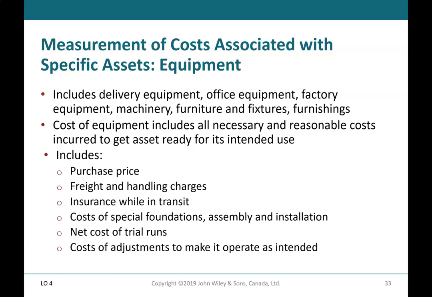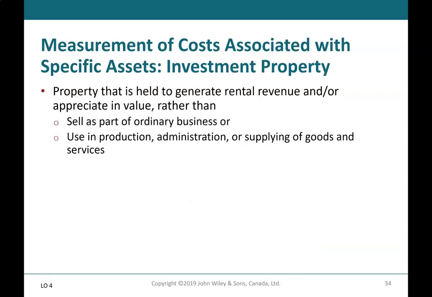Includes purchase price, freight and handling charges, insurance while in transit, costs of special foundations, assembly and installation, net cost of trial runs, and costs of adjustments to make it operate as intended. Does not include any recoverable tax, for example GST or HST.